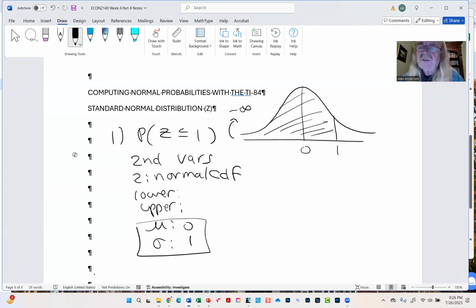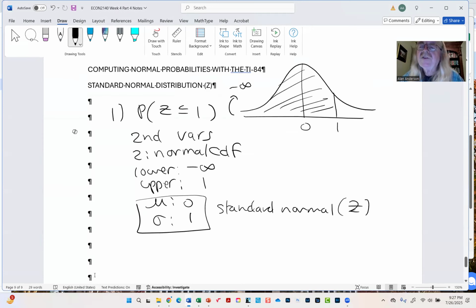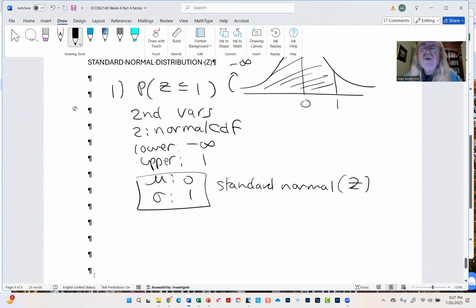These are, of course, 0 and 1 because this is the standard normal. Now, for these, the lower limit is actually negative infinity. The upper is 1. There's just one wrinkle. The calculator doesn't actually have a negative infinity key. There's a workaround, though. What you have to do is type negative second, comma, 99.